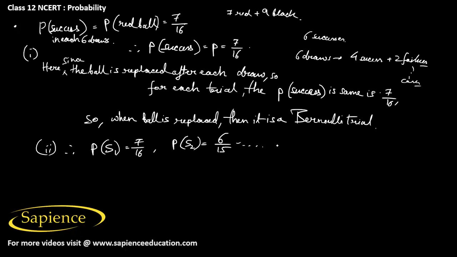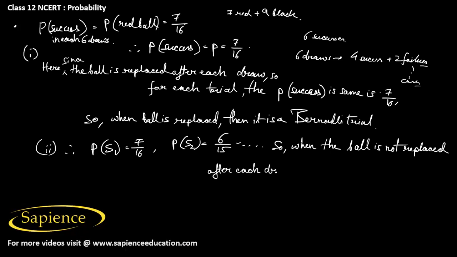So here you see, when the ball is not replaced after each draw, the trials are not Bernoulli trials. Why?